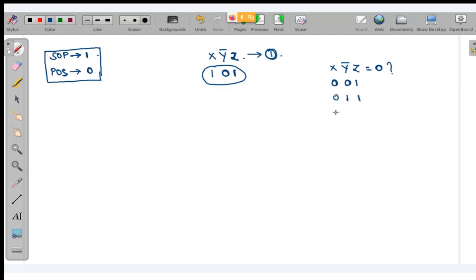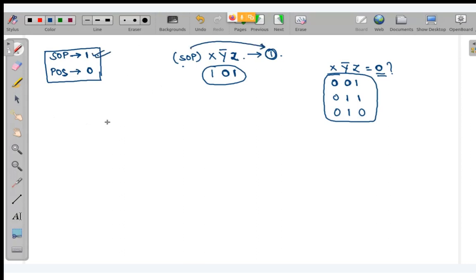Or even if you take this, it will still be 0. So there is no unique sequence for 0 in your SOP or in a minterm. The uniqueness is in 1. That is why in SOP, 1 is more important.